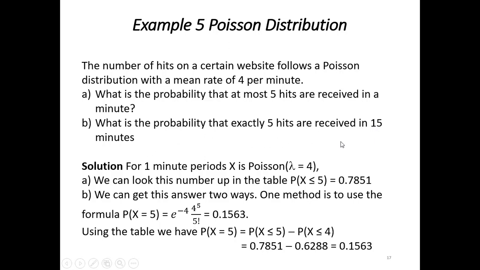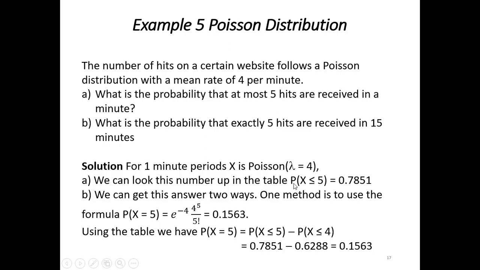All right, so let's go through this solution. We want to know the probability at most 5 hits are received in a minute. And we know that lambda is equal to 4. The website receives 4 hits per minute. So our random variable x is Poisson, with lambda equals 4. The question we're asking is what's the probability at most 5 hits are received. So our x value is 5.